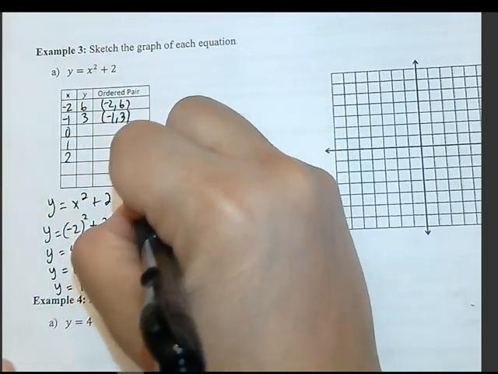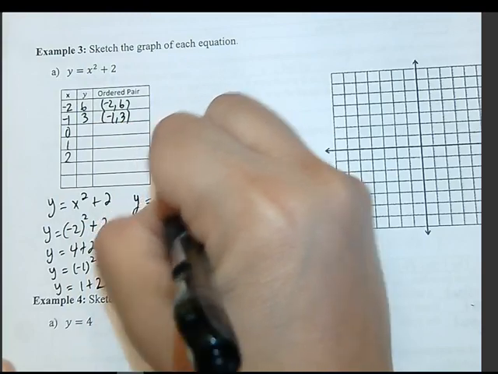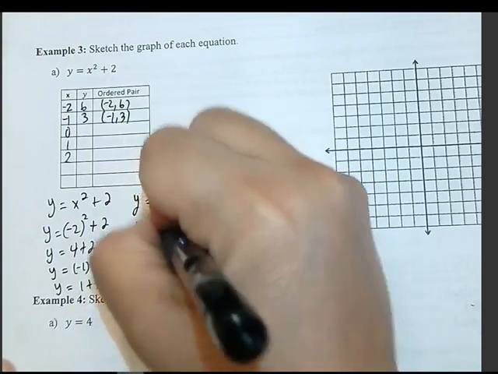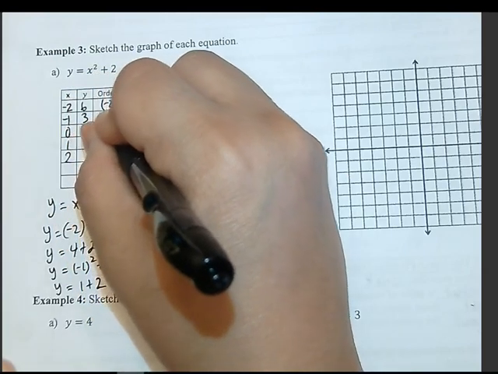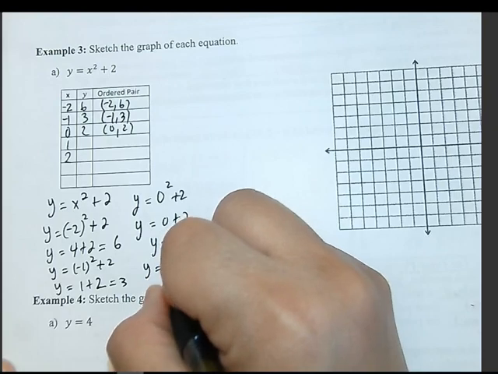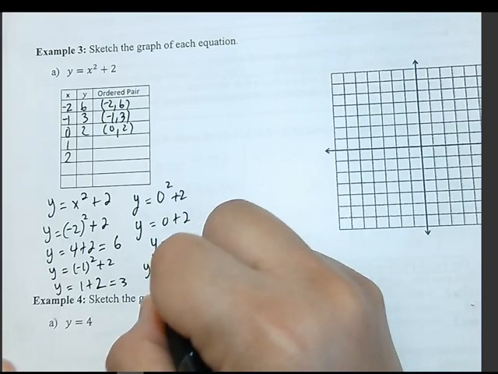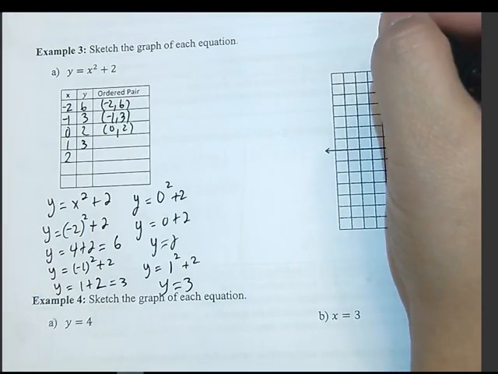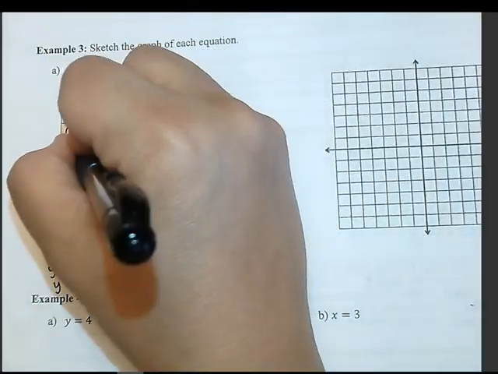If I plug in 0 for x, we get 0 squared is 0 plus 2. So my ordered pair here is 0, 2. And last, if we plug in a 1, then we get that y is equal to 3. And if I plug in a 2, then I get 6.